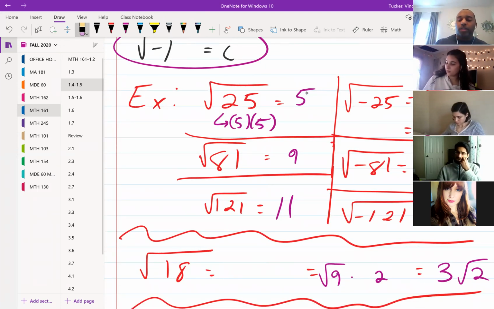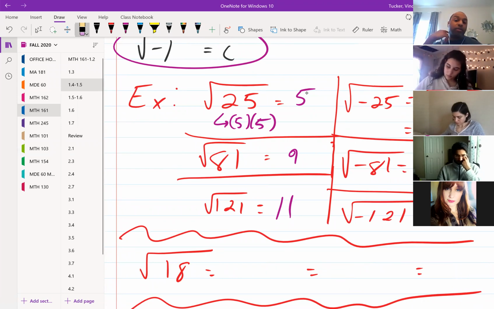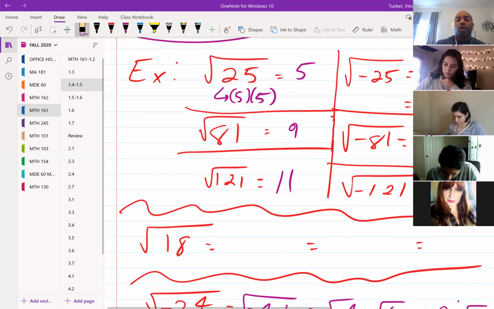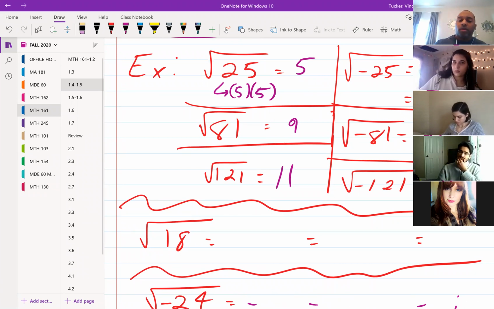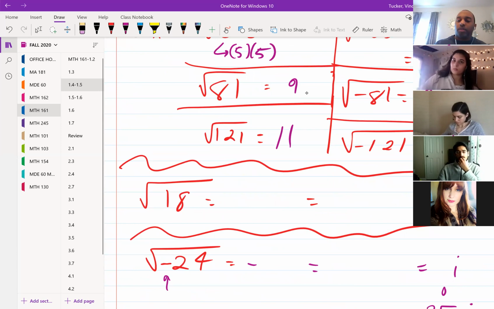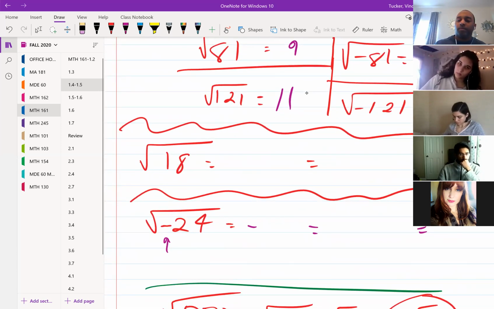Also, when taking the square root of values, you may come across values that are not perfect roots, but you are still expected to be able to simplify them as much as possible. So for example, the square root of 18.